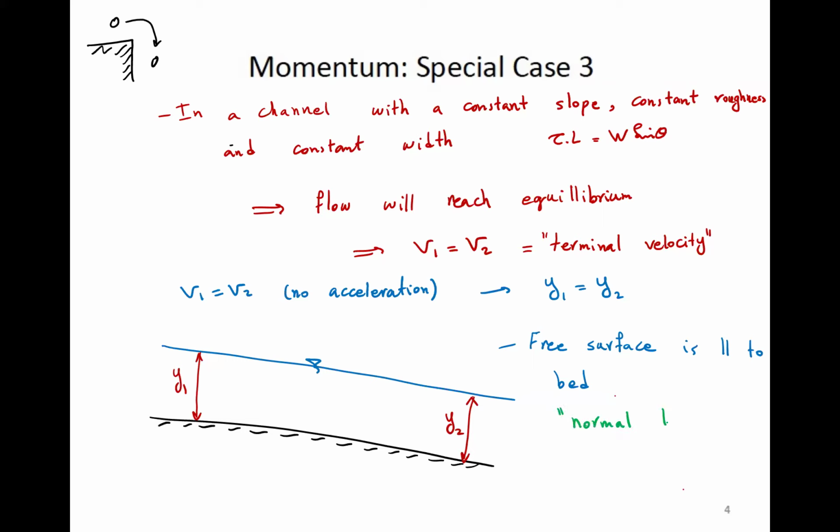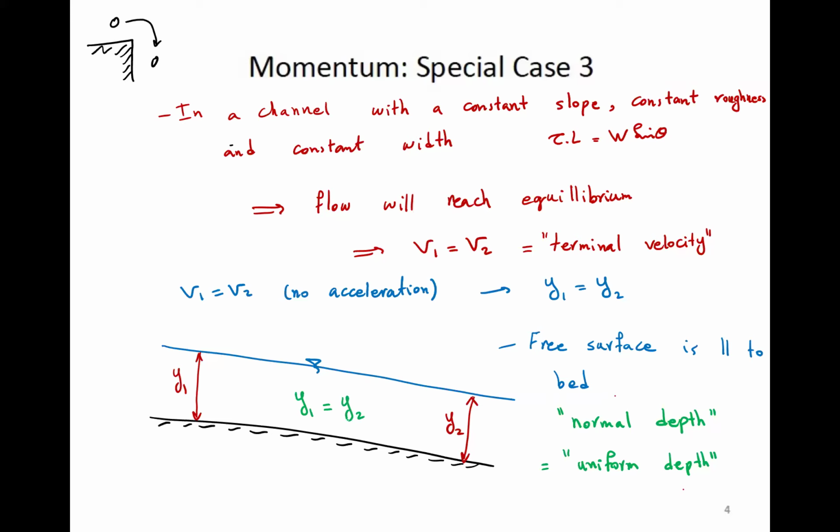Now, this depth that is constant in uniform flow, we call the normal depth. Or sometimes you see some references call it the uniform depth. The exact same idea, just different terminology. It's the fact that y1 is equal to y2 in here.